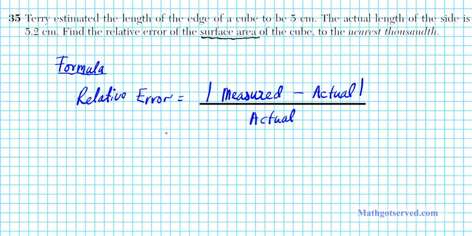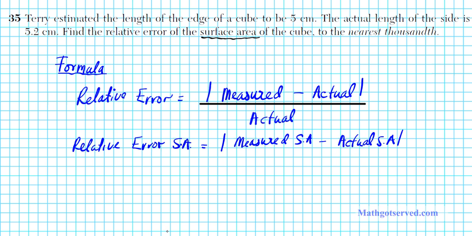So in the context of this problem, what we're going to be looking for is the relative error of the surface area, which is going to be the absolute value of the measured surface area minus the actual surface area, divided by the actual surface area.